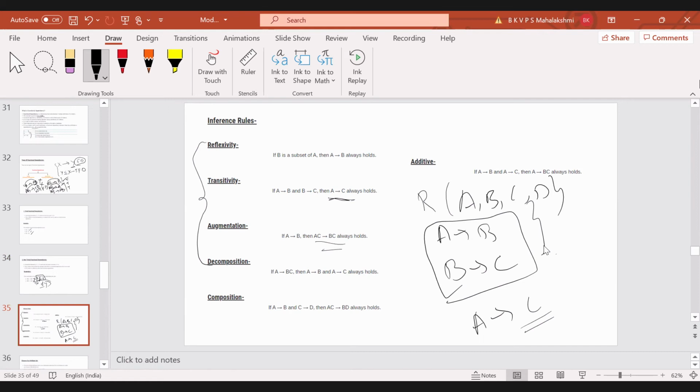See, while decomposing, you have to remember that, suppose here they have considered this example, A tends to BC. So easily they have written like this, A tends to B and A tends to C always holds. Suppose there is a functional dependency like this, then how can we write? Already I told you.